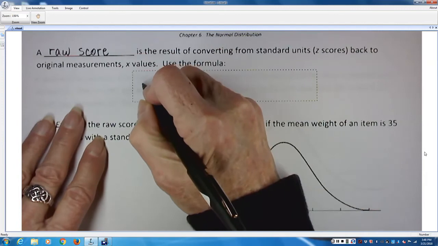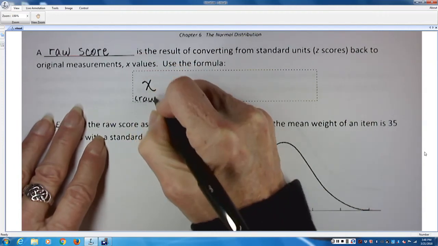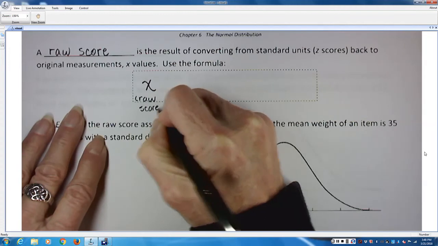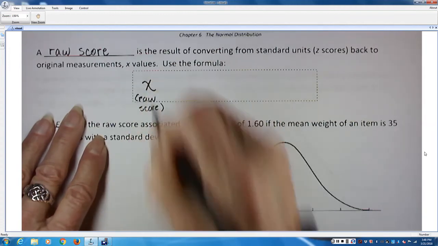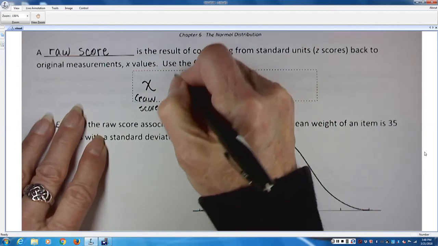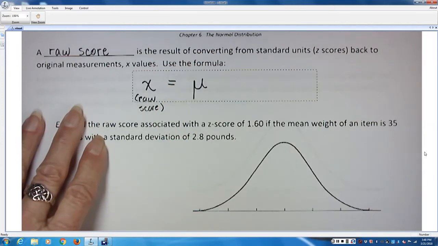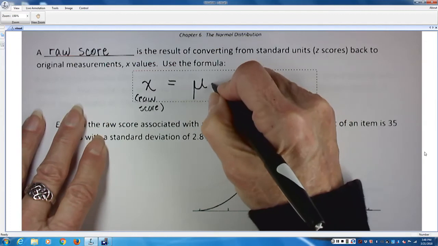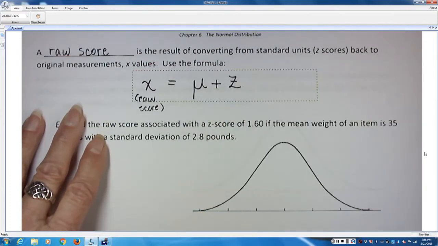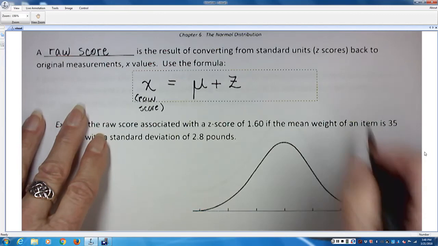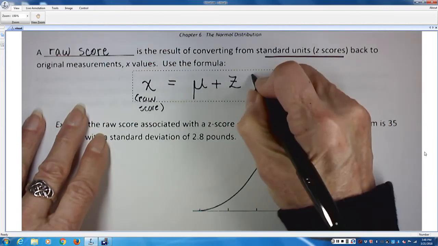The formula says you can find the raw score, the x is the raw score, by taking the mean of the population and then adding to it the value of the z-score that they give you times the population standard deviation.